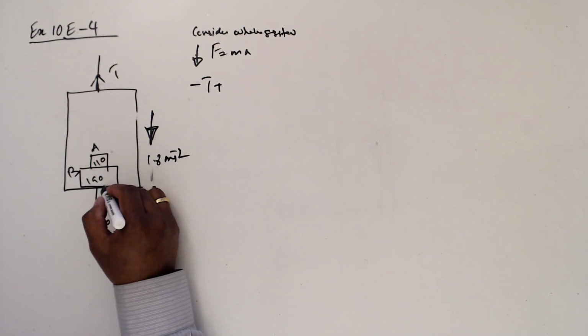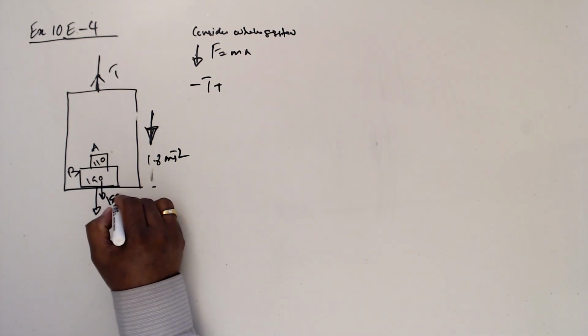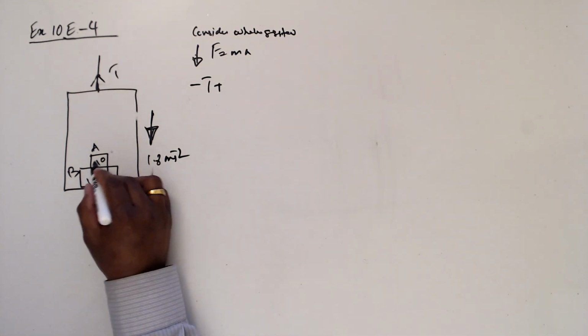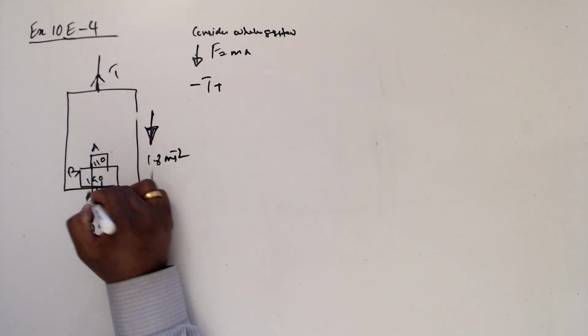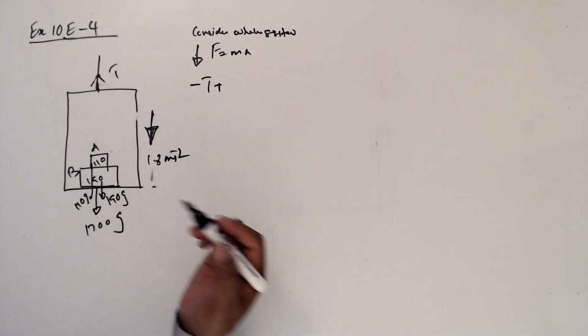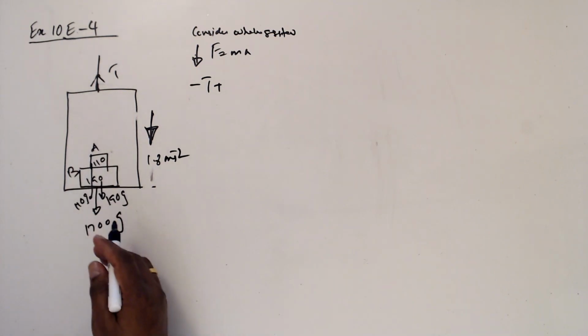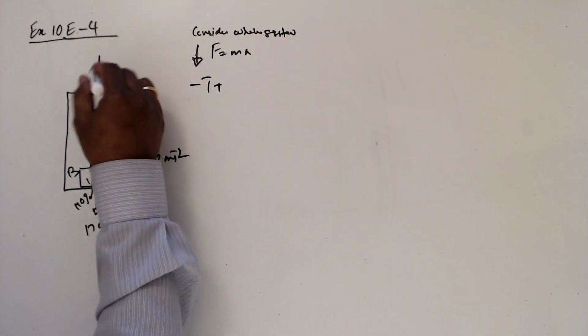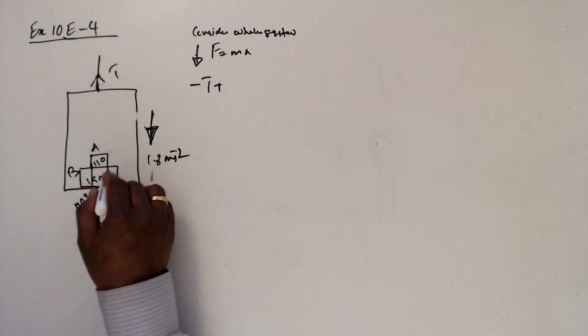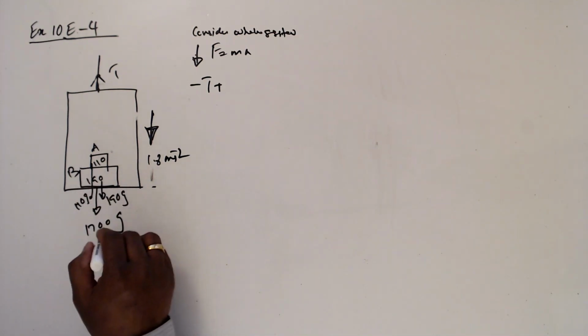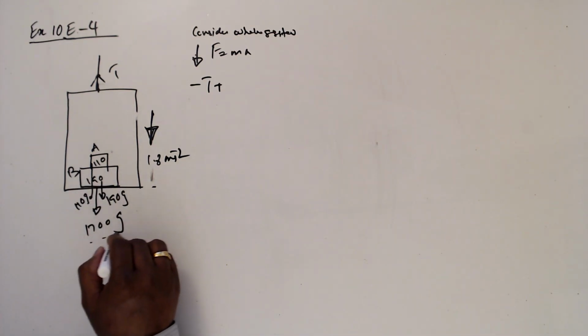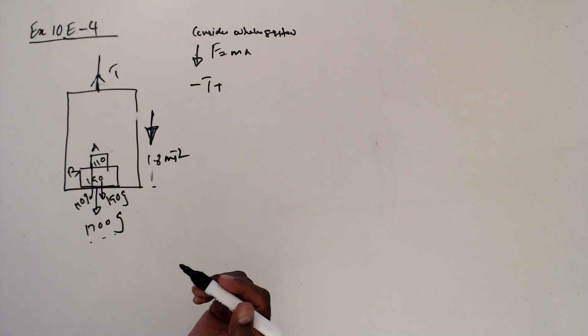This is 190 g, and this is 110 g. The lift feels the weight of box A and B, and on top of that the weight of the lift.